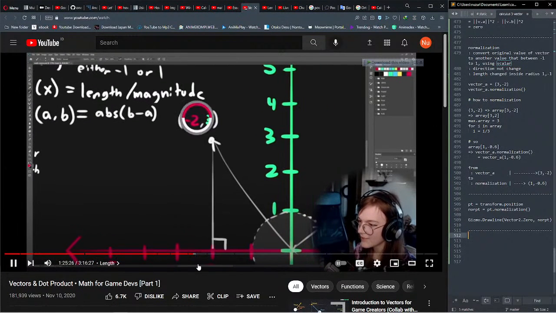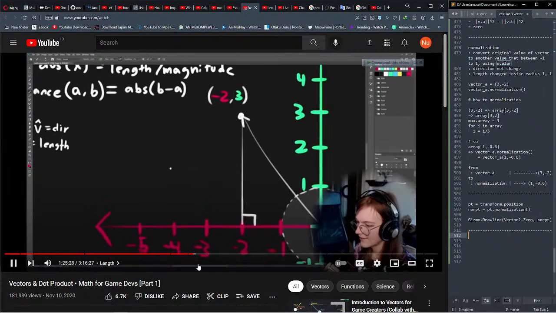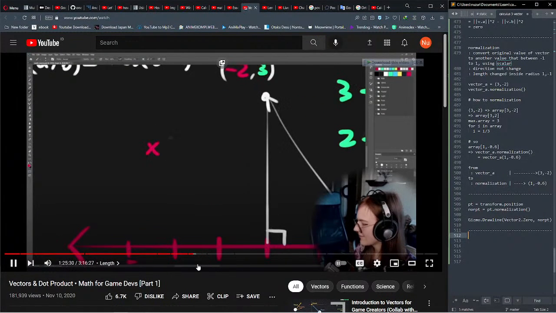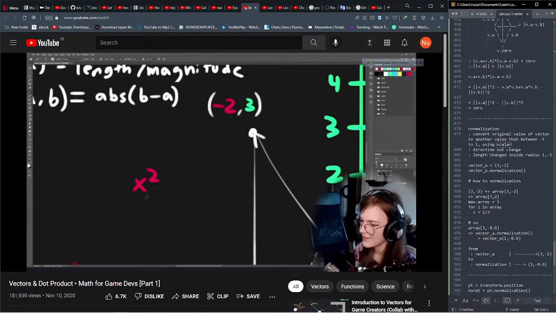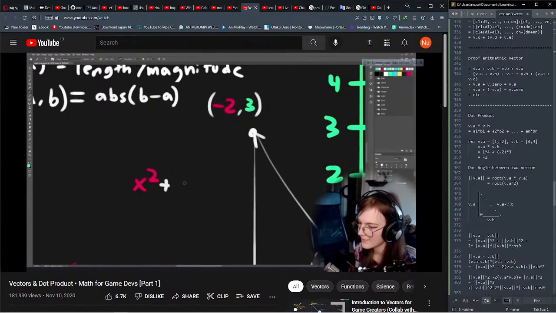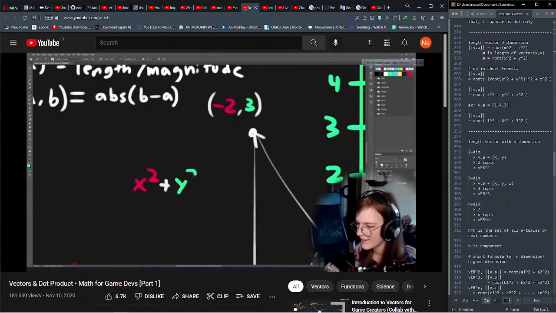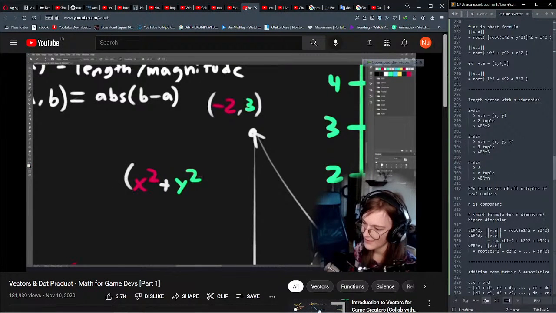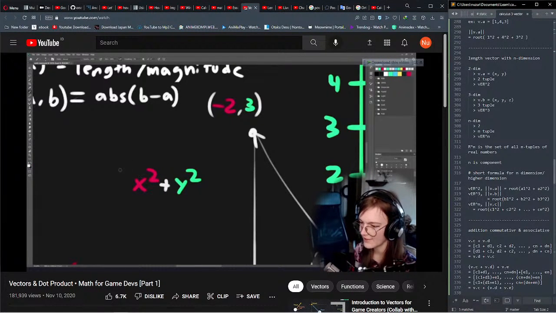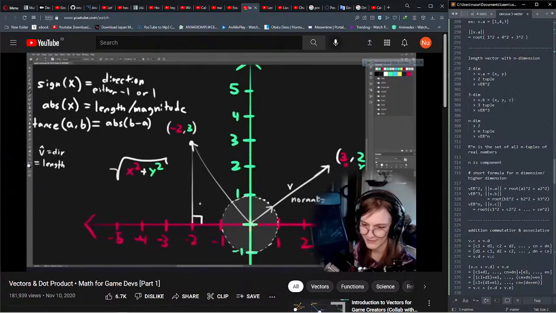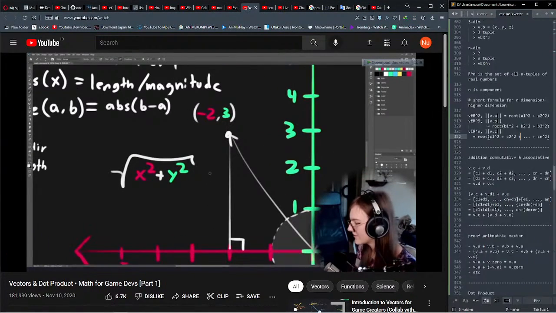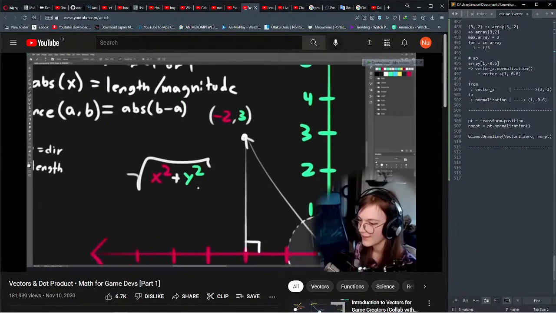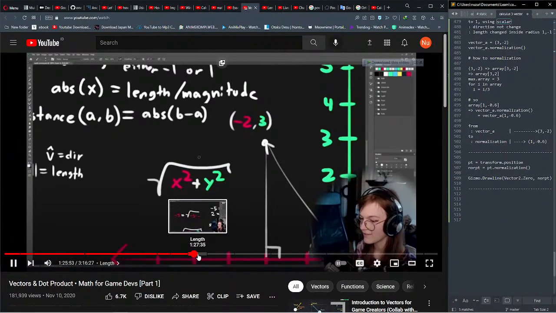We take the x component and square it, add the y component squared, and then take the square root of all of this. That's the Pythagorean theorem, how you get the hypotenuse of a right angle triangle, but it's also how you get the length of a vector.